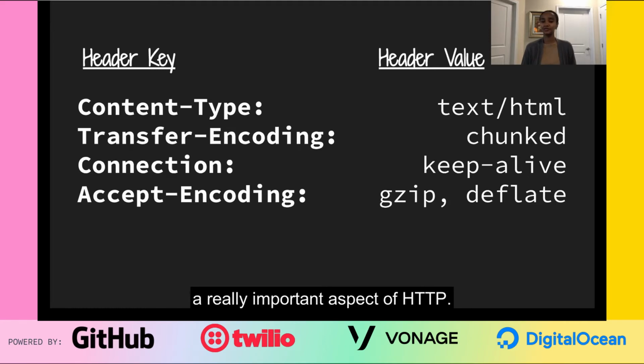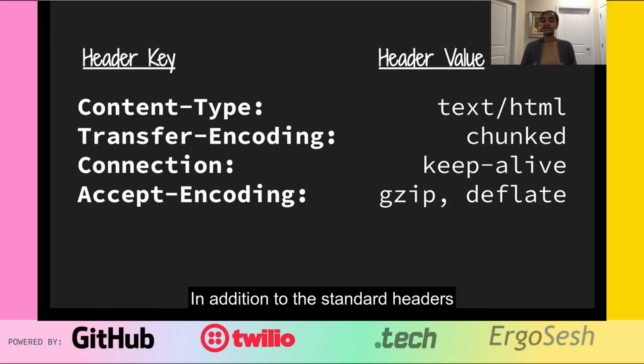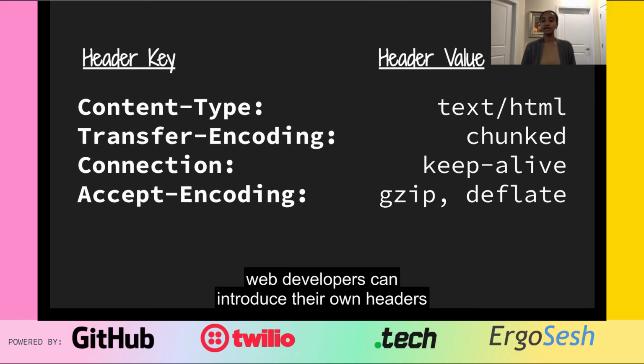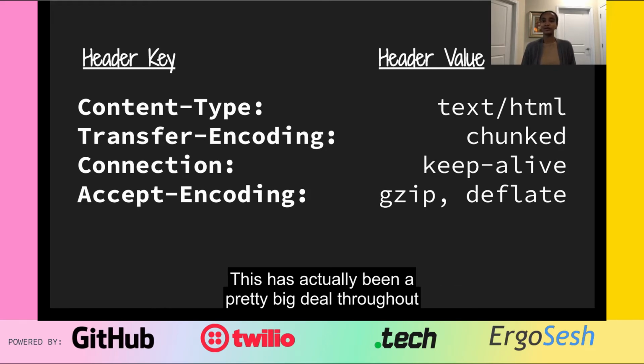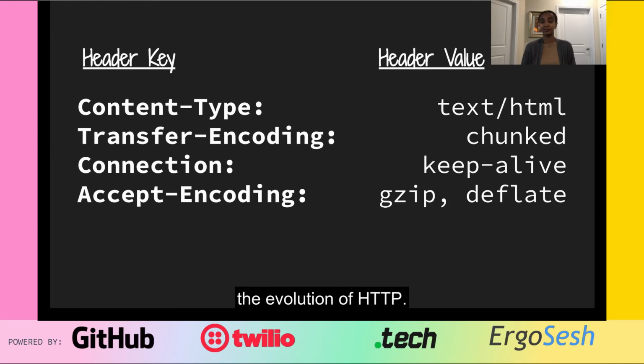These three types of headers get at a really important aspect of HTTP. It's extensible. In addition to the standard headers that are required by the specification, web developers can introduce their own headers to fulfill custom business requirements. This has actually been a pretty big deal throughout the evolution of HTTP.